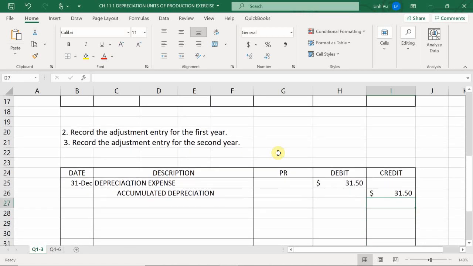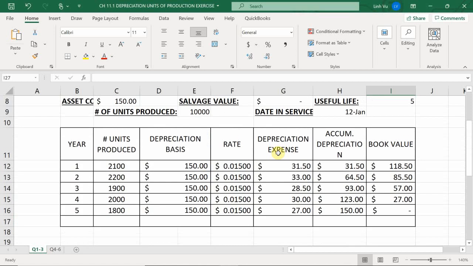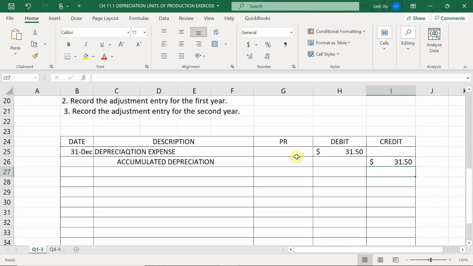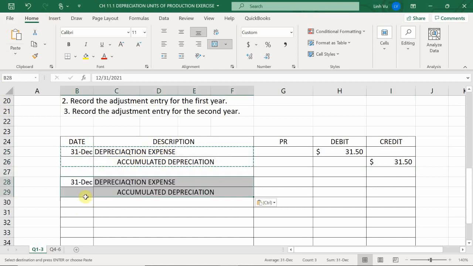And then question number 3 asks to record the adjustment for year 2, or the second year. So in this case, how much did I depreciate it for? $33. So how should my journal look? It should look identical to this one because it's a new year now.